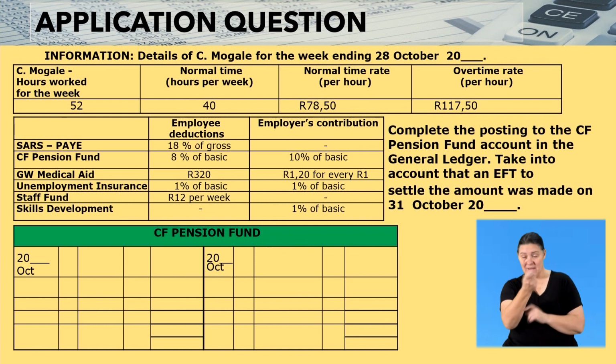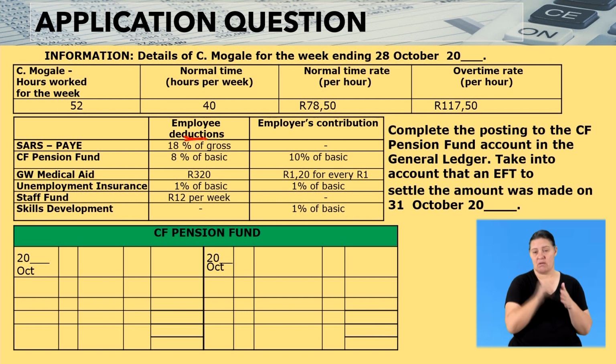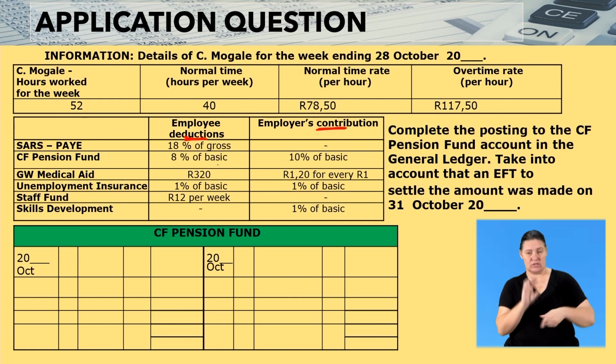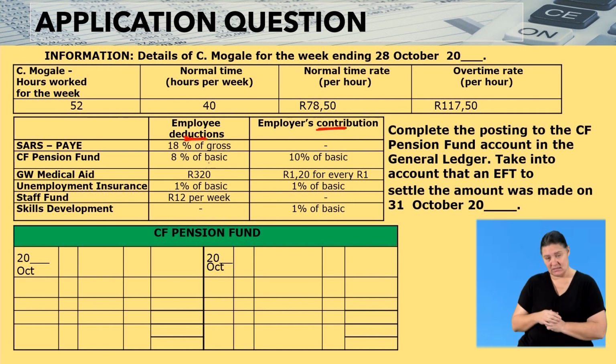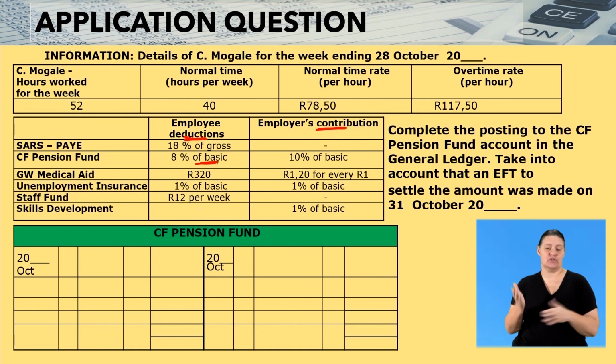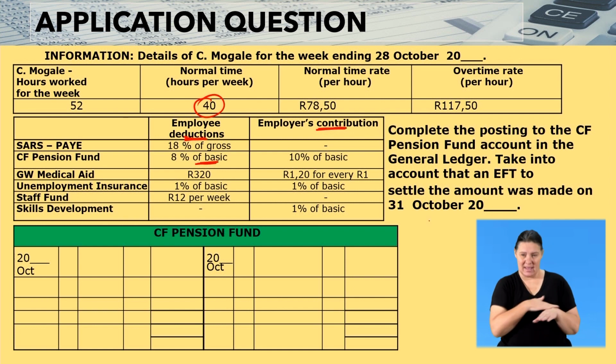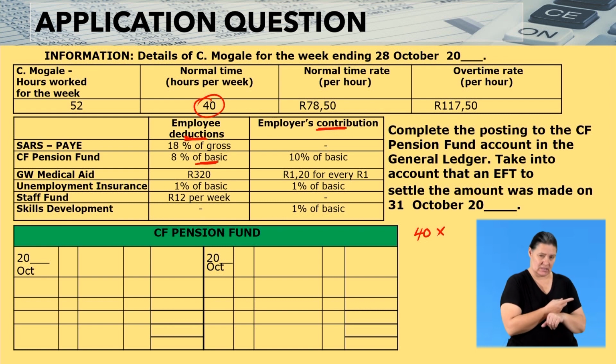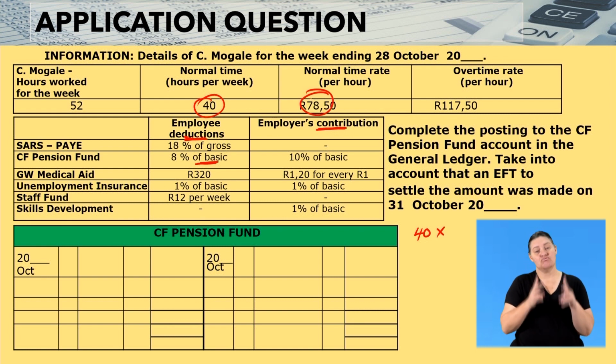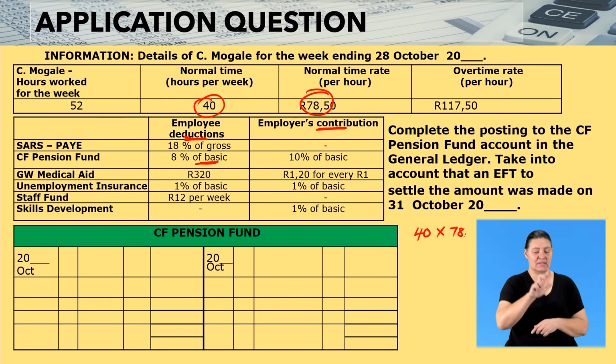You have to understand that we have pension fund deduction as well as contribution. So the first part is the deduction. We have done this calculation before, whereby we took the normal hours because it is 8% of basic. So we had to calculate our basic where we took the 40 hours and multiplied by the normal rate, which is 78.50, and we had an amount of 3,140.